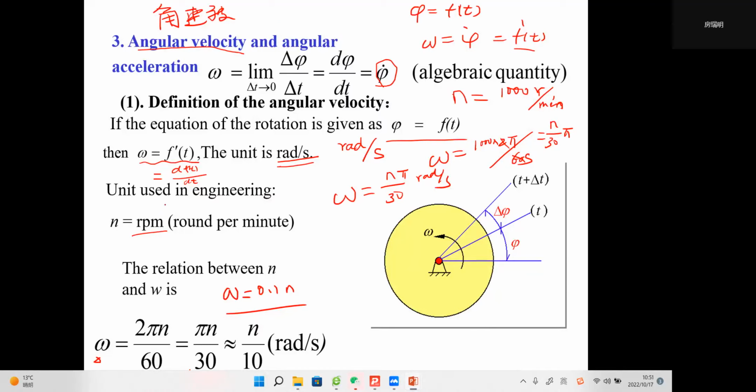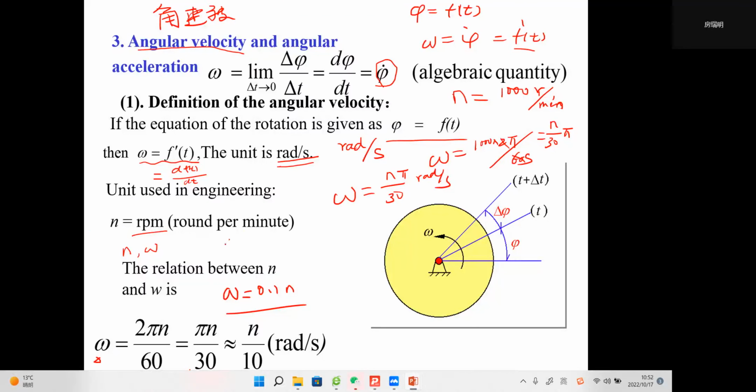And a unit used in engineering will be rounds per minute. So we should be very familiar with the relation between n and omega. Omega's unit is radians per second, so we have rpm. One round is 2 pi, so we have n rounds per 1 minute equals 60 seconds.